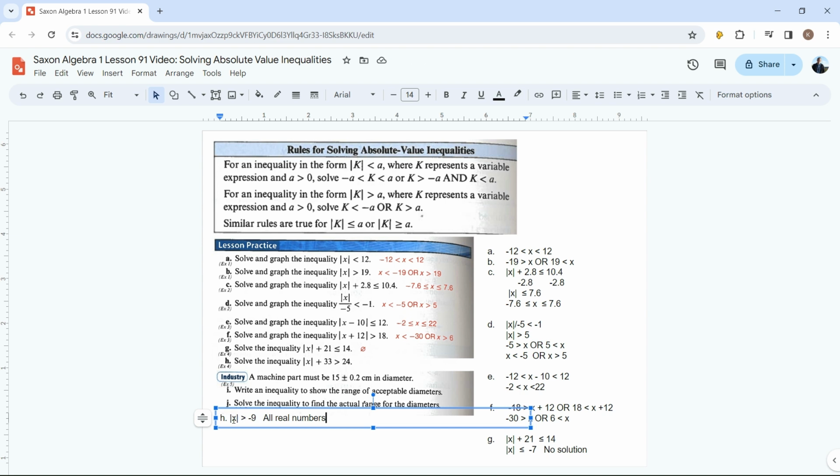Therefore, every absolute value is going to be greater than a negative. So you have to watch for these where you have a negative on one side. If it's less than a negative, there's no solution. No way you can make an absolute value less than a negative number. But an absolute value is always going to be greater than a negative number. And that's why this one is going to be all real numbers.